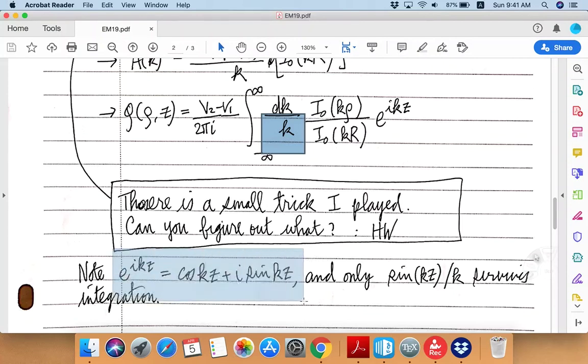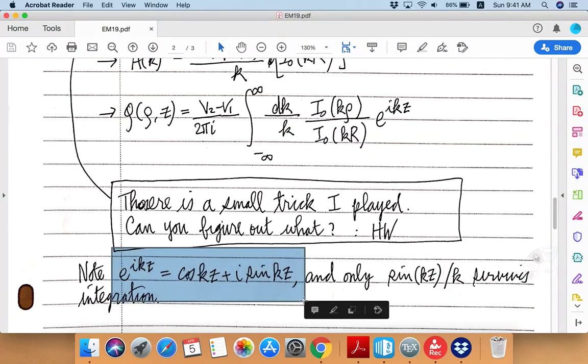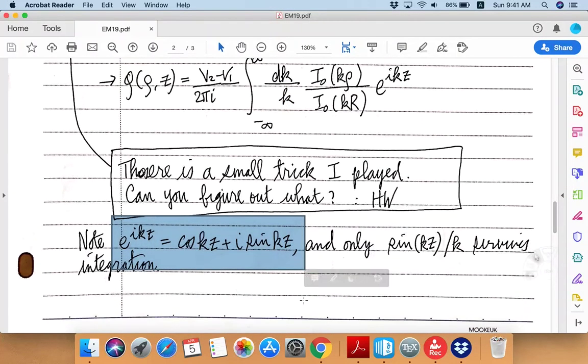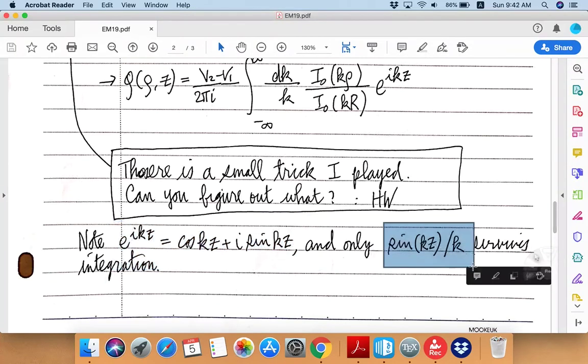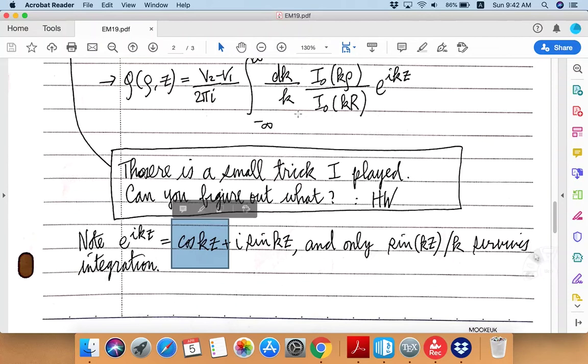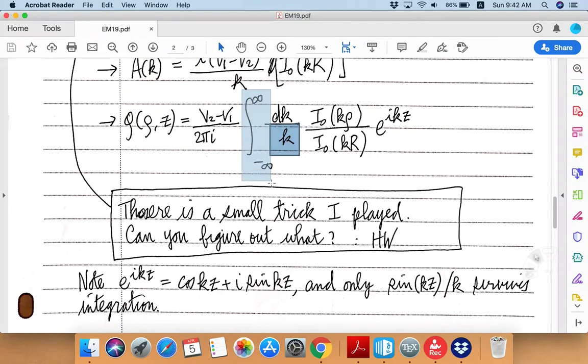Namely, if you note that this exponential breaks down as the sum of the cosine and the sine, only the sine part will survive the integration because of symmetry. The cosine part is even, but this 1 over k thing is odd, so therefore the integral over the entire range of an odd function you expect to be 0.